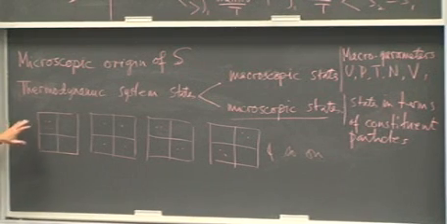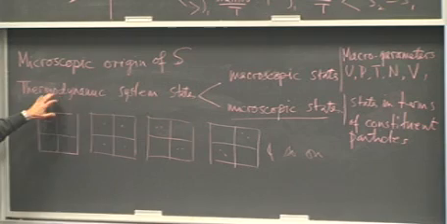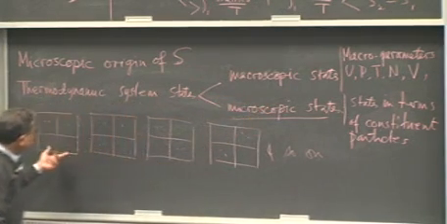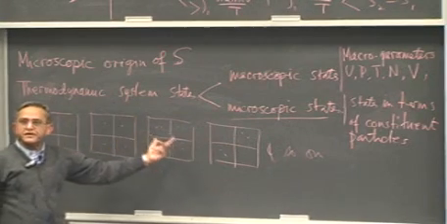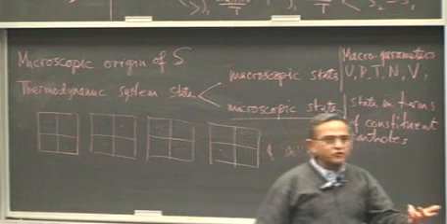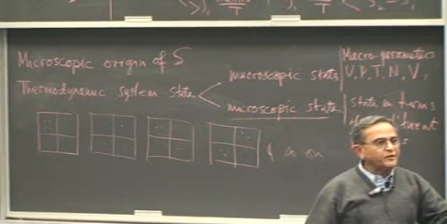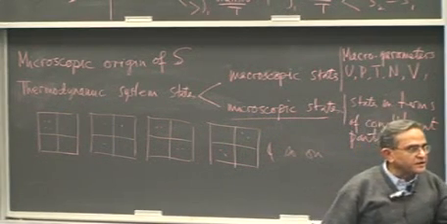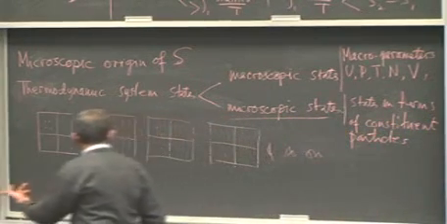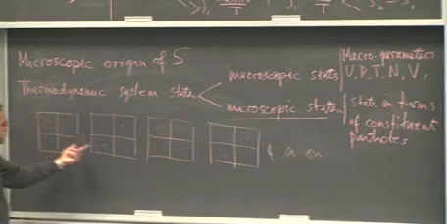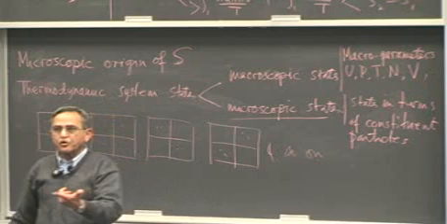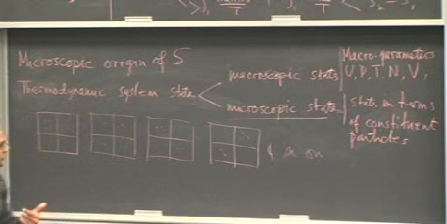And when you say the microscopic states of the system, I mean these states, which differ from each other in terms of microscopic details of how many particles are occupying which box. So this will be different from this, and these are all different microscopic states of the system.